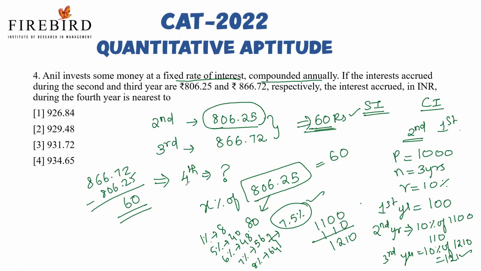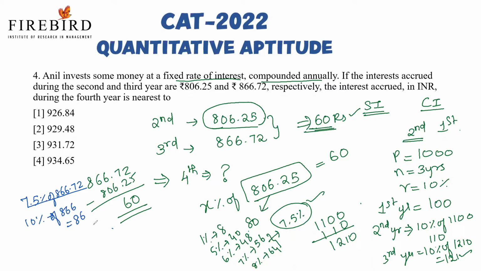Now the question is, what is the interest for the fourth year? The interest for the fourth year is your question. So you should be able to calculate what is 7.5 percentage of 866.72. Let us do an approximate calculation. 10 percentage of 866 is nothing but 86.